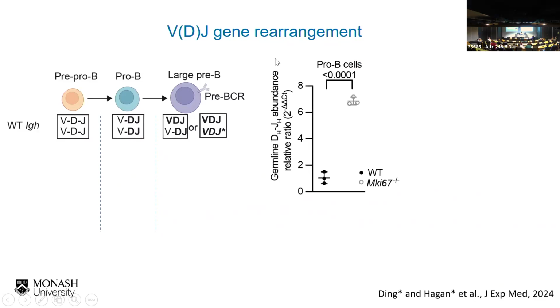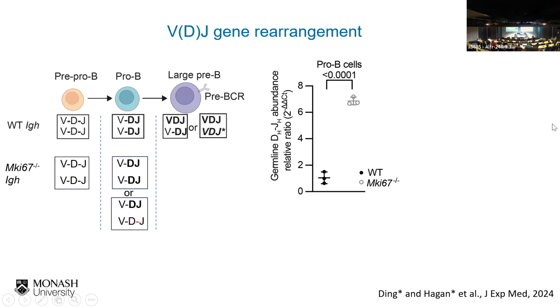And what we saw in our pro-B cells in the Ki67 deficient case is that they have a relatively higher level of the germline D to J sequence, which indicates that this is not happening fully in the knockout cells.